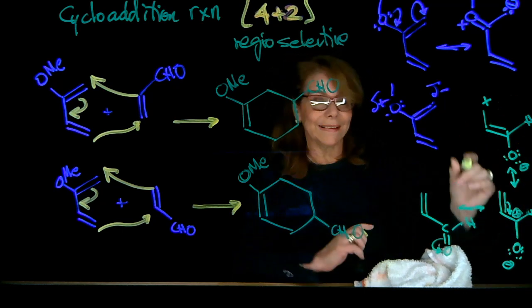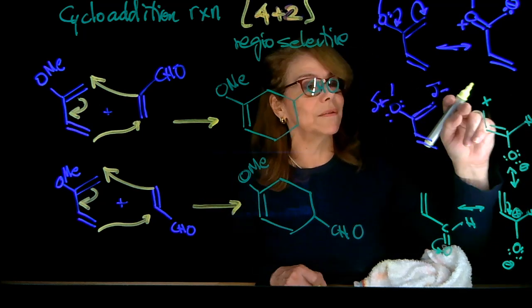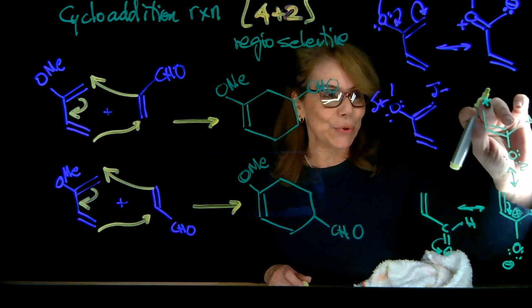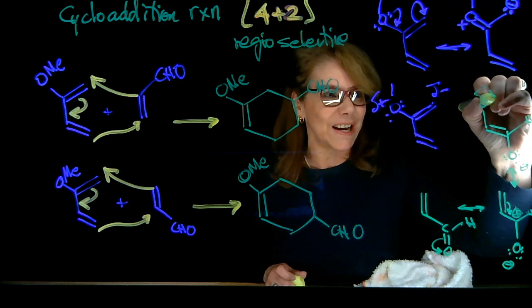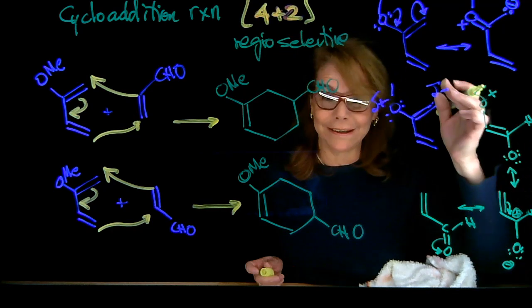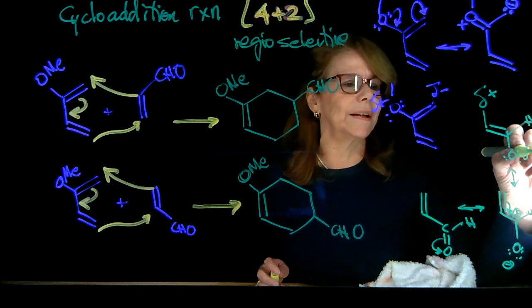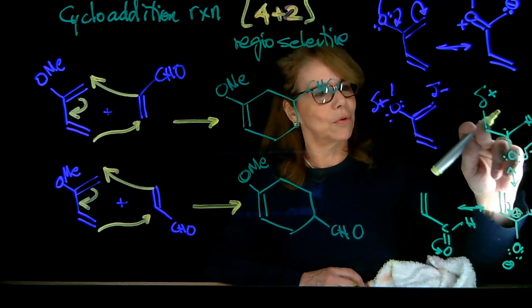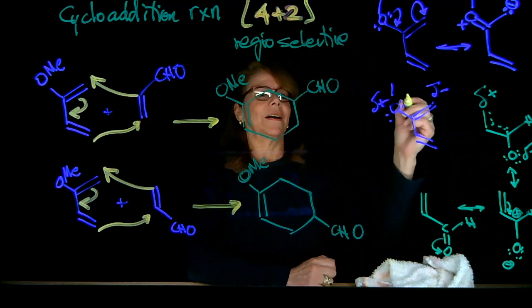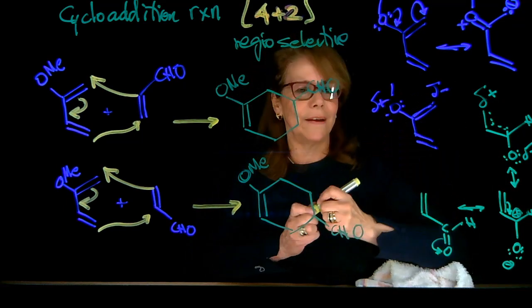What that means is that in the hybrid, I have some delta positive character at that carbon. So I'm going to erase that formal positive charge and just write delta positive. And in the hybrid, we're going to have delta negative here. All of that, of course, is partial in the hybrid.